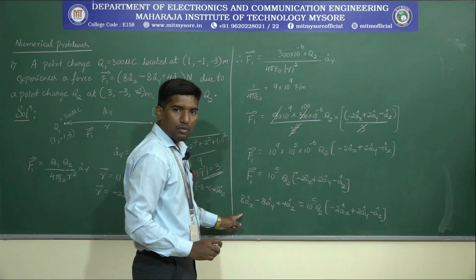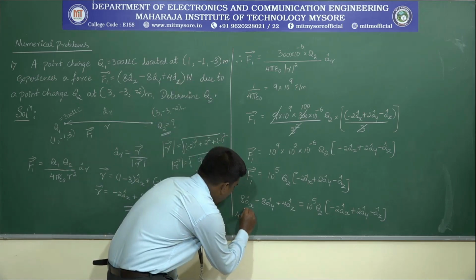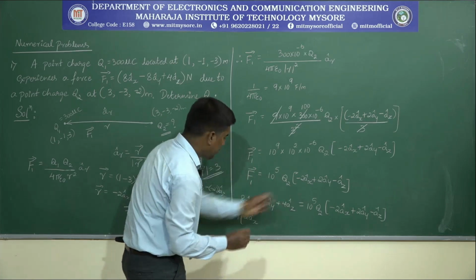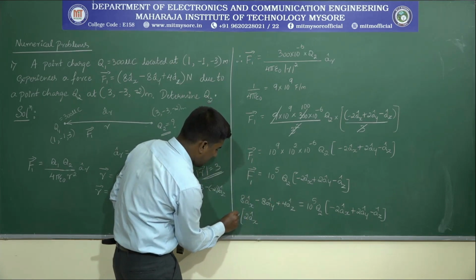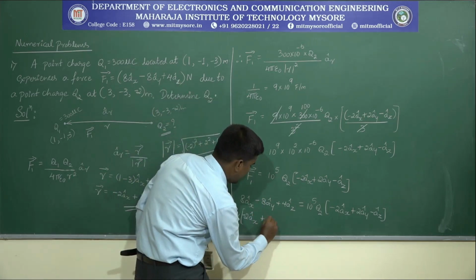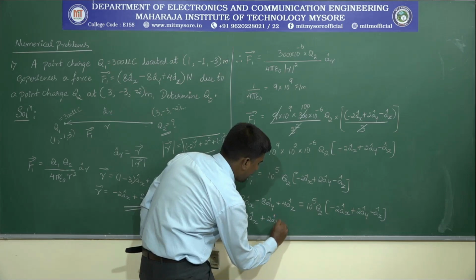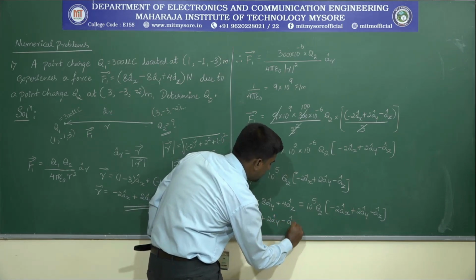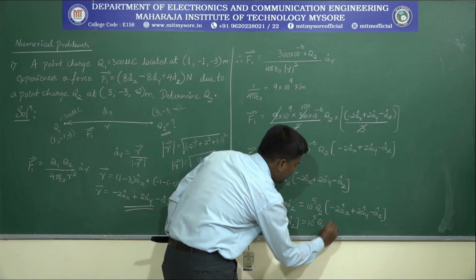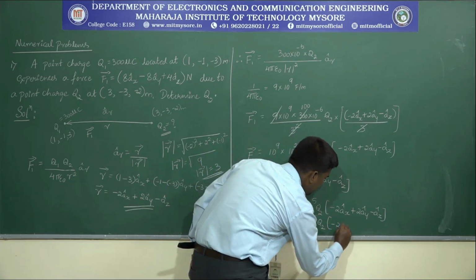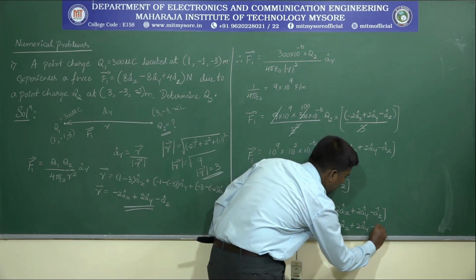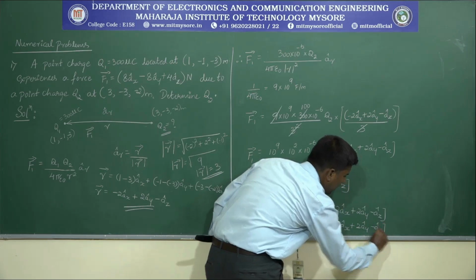Take 4 common out of this equation. If I take minus 4 as common, then this becomes minus 2 a cap x plus 2 a cap y minus a cap z is equal to 10 power 5 Q2 into minus 2 a cap x plus 2 a cap y minus a cap z.